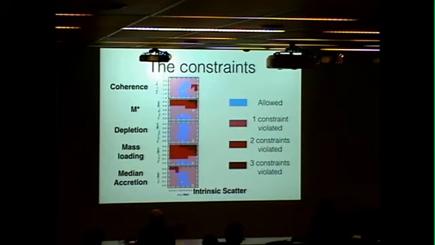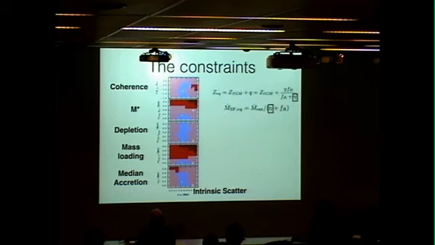So you can imagine, you're trying to explain the scatter in the star-forming main sequence. One way you could imagine doing that is changing the mass loading factor. But it turns out that we find that you can't do that. And the reason is basically that in equilibrium, the metallicity and the star formation rate both depend on the mass loading factor eta in the same way.